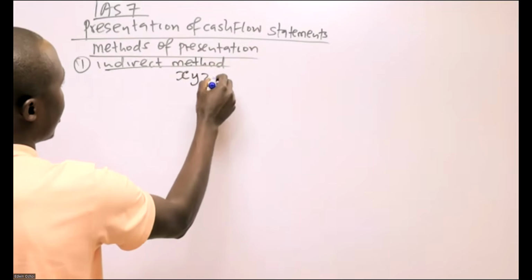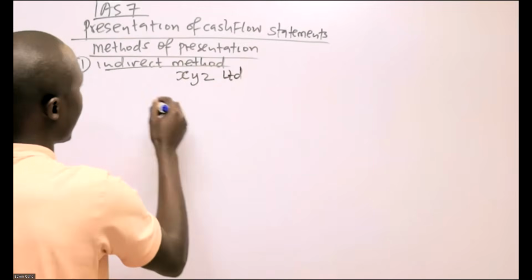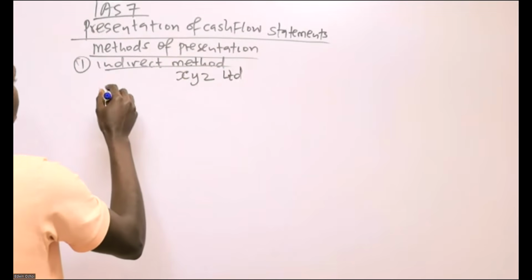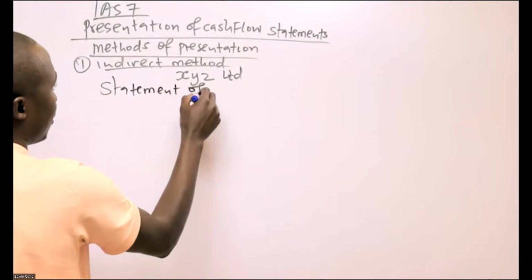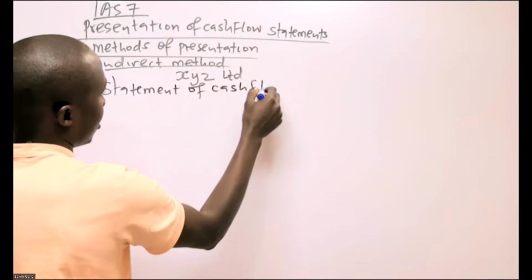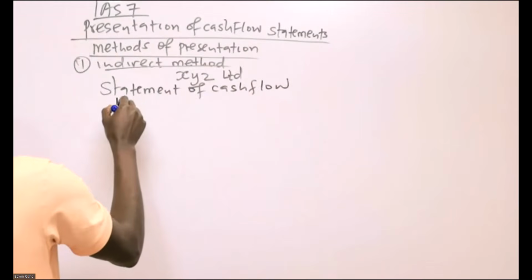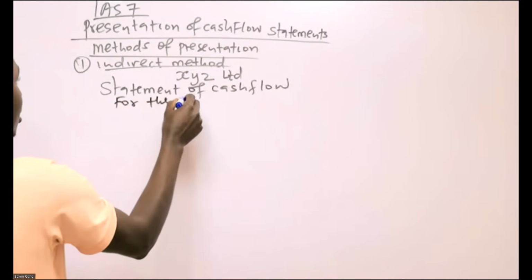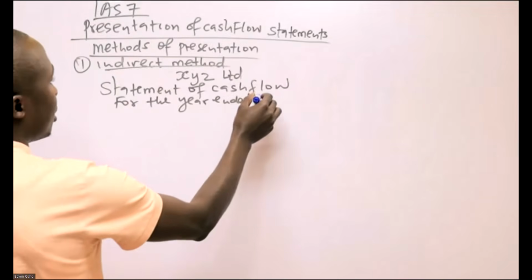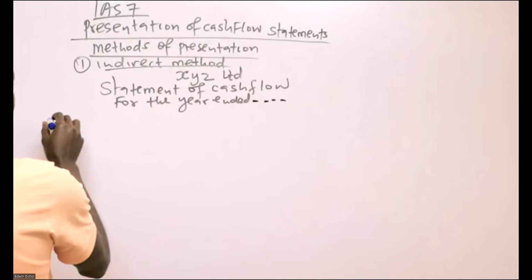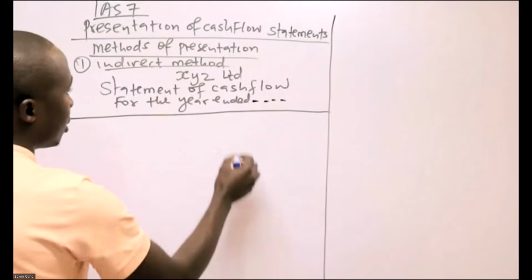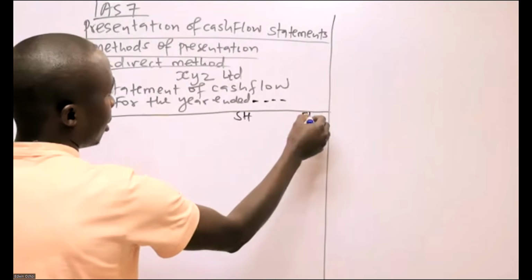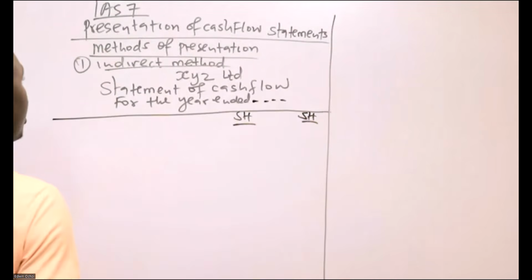Let's say, for example, we have XYZ Limited. Statement of cash flow for the year ended, let's say a certain period there. So let's say we are talking about the indirect method.